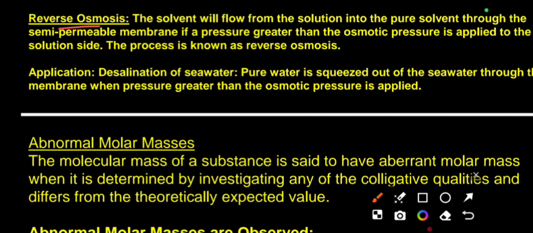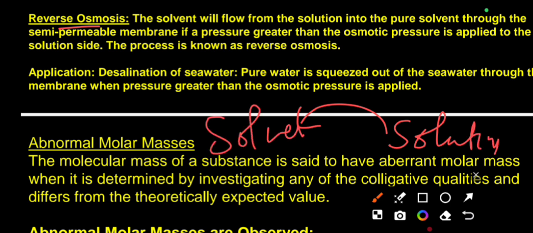In osmotic pressure we have to prevent the osmosis, but in reverse osmosis you have to allow the movement of water from solution to solvent. Okay, so we have to apply more pressure in the case of reverse osmosis, because we are forcefully allowing the movement of water from solution to solvent.